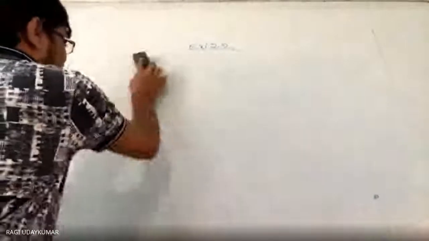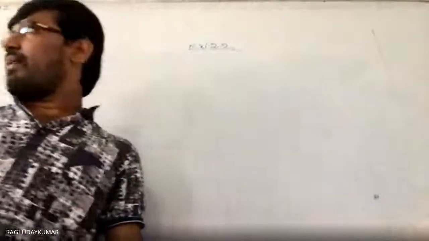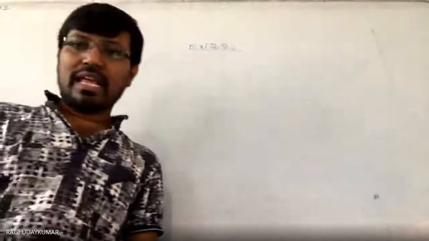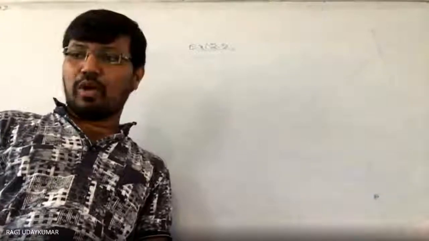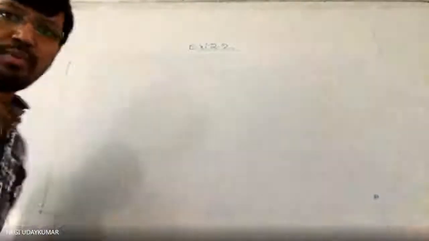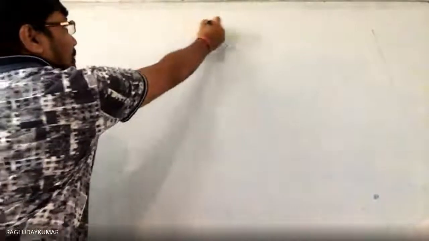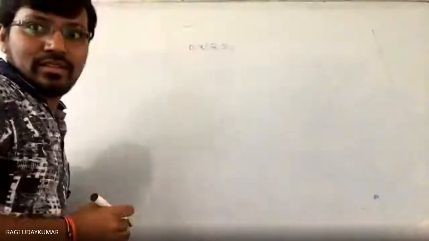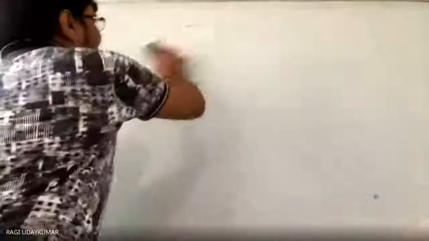Actually, there is heavy rain outside. There may be a signal problem, but I tried my level best to connect in a proper way. Are you able to see the top, here and there? Is this line visible? So better I write a little bit upside.